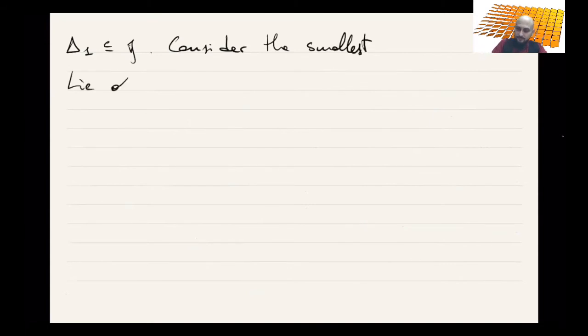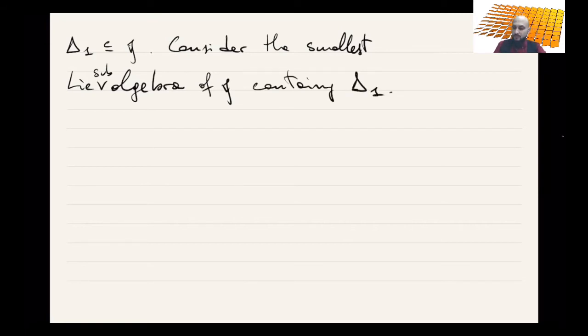On the other hand, if we have Δ1 as a subset of 𝔤, then we consider the smallest Lie subalgebra of 𝔤 containing Δ1, in other words, the Lie algebra generated by Δ1. Call it H. My claim is that this subbundle Δ*, evaluated at 1, gives this Lie algebra H. I claim that this fact is true no matter if we have bracket generating or not.